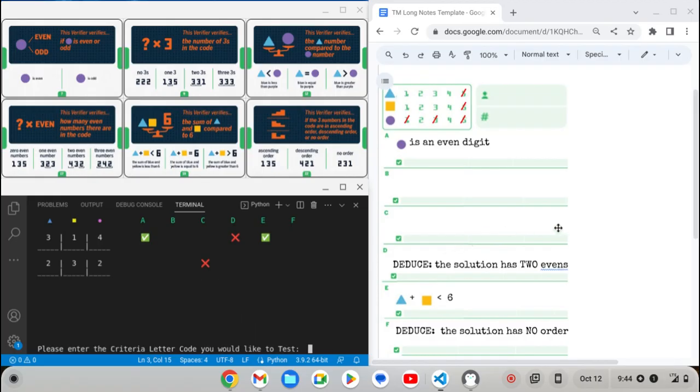Well, let's type that up. And that's in C, and so we know that triangle is either going to be less than or greater than. So triangle is either less than or greater than circle. Interesting. Okay.